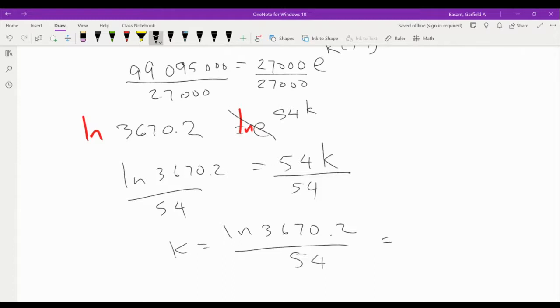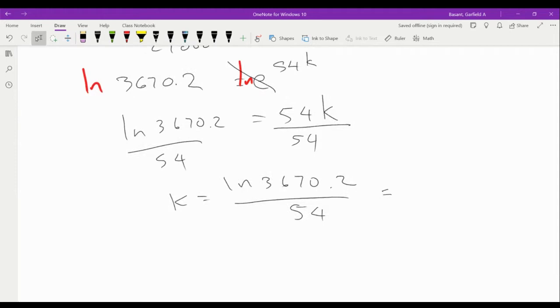So what do we get for k? What's our k value? Anyone? 0.152.